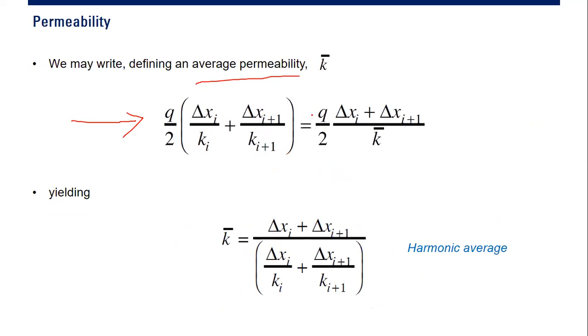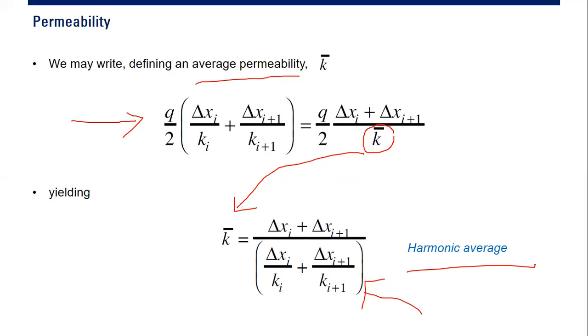We can rewrite the numerator as delta x_i plus delta x_(i+1). The denominator is K bar, the K average, which is actually the harmonic average of permeability.